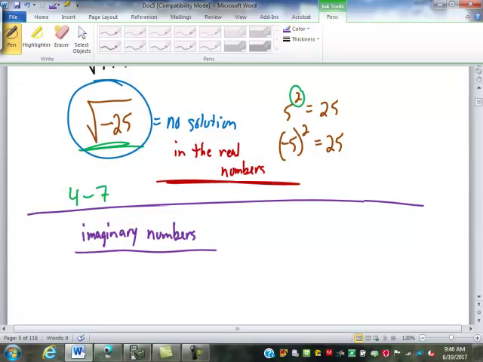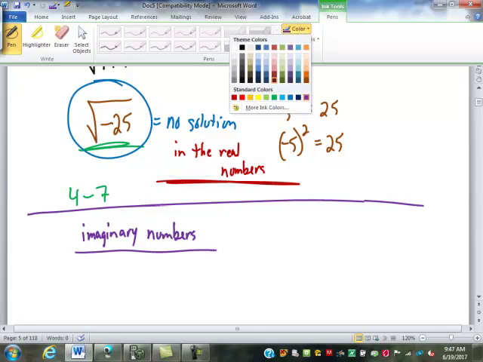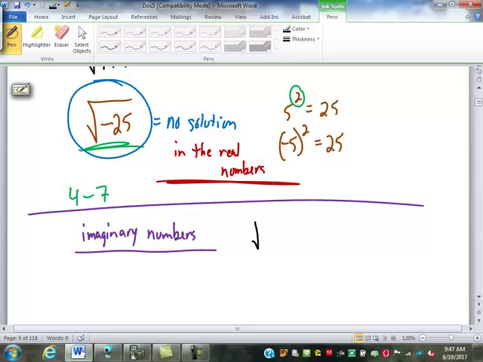So imaginary numbers, and again, you don't have to put this in your notes because this isn't part of the class, but what imaginary numbers are is they took the square root of negative 1 and defined it to be the letter i. i stands for an imaginary number. So i is defined such that i squared equals negative 1. Well, the problem is, what is i? Well, there is no number that we can put in there for i, so we're just imagining that it's a number.